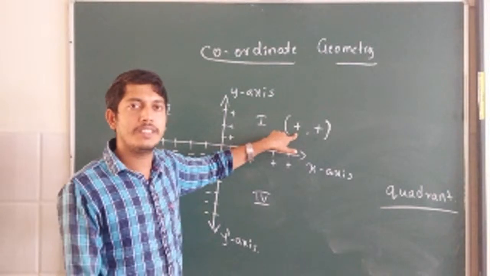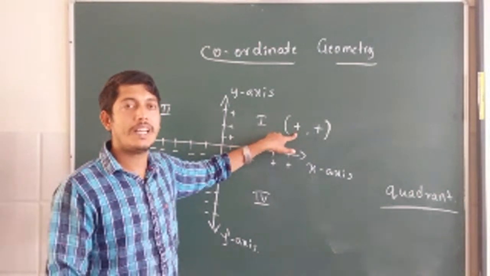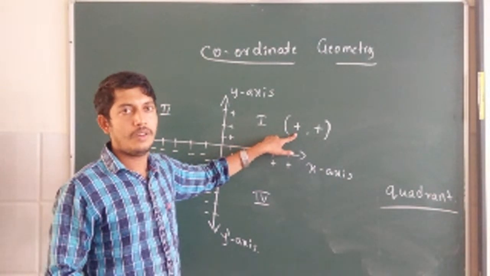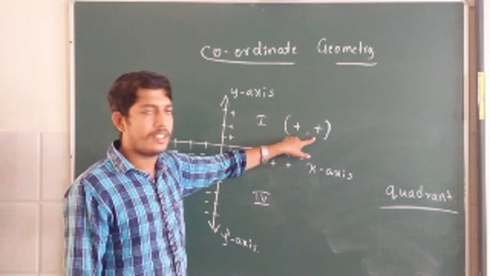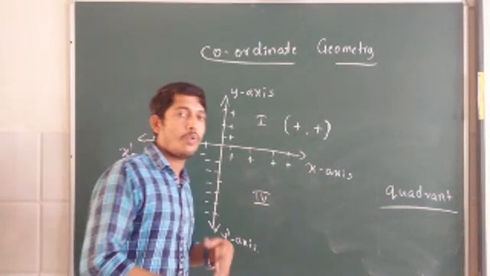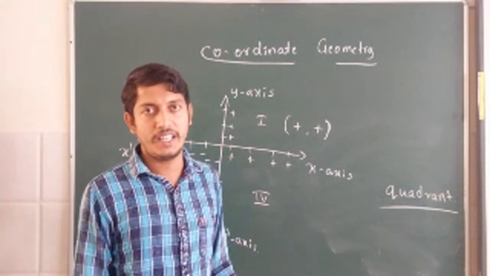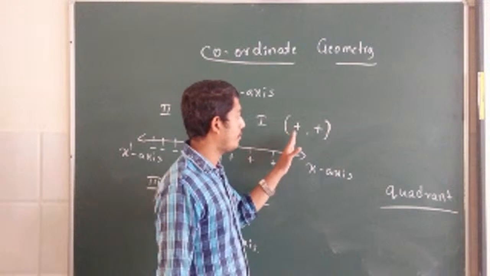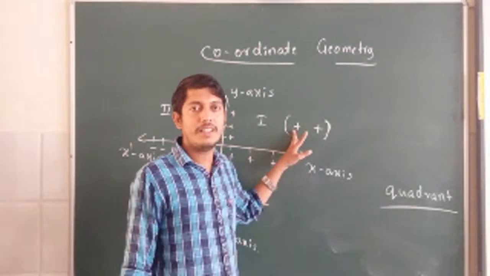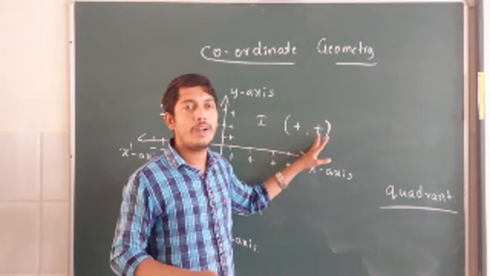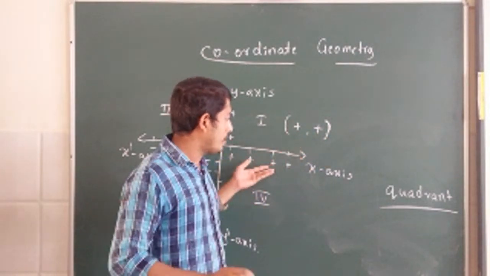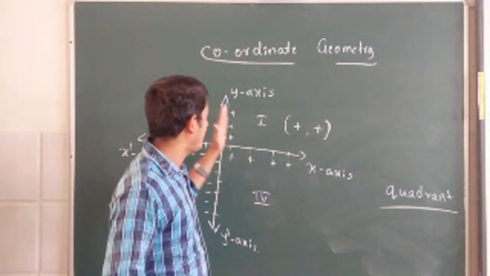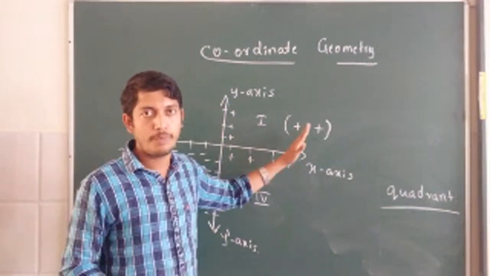Abscissa means the values present on the x-axis or x-dash axis, and the values present on the y-axis or y-dash axis are known as the ordinate. Here the abscissa value is positive and the ordinate value is also positive.